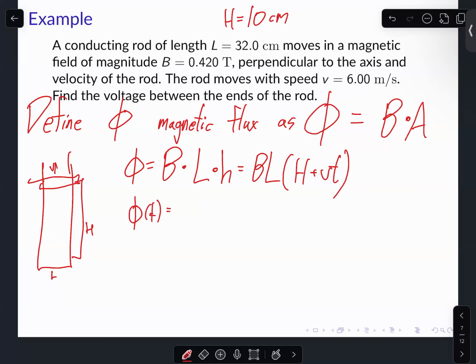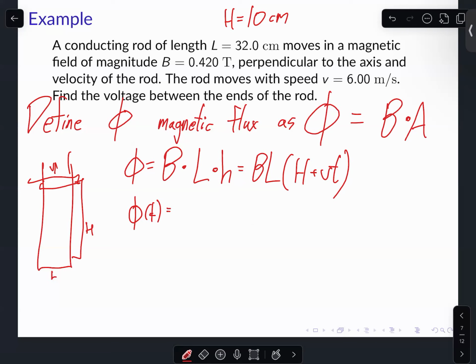I'm not telling you a time yet. I want a formula. Simplify the formula too. This is question K. Plug in numbers. Give me a formula.